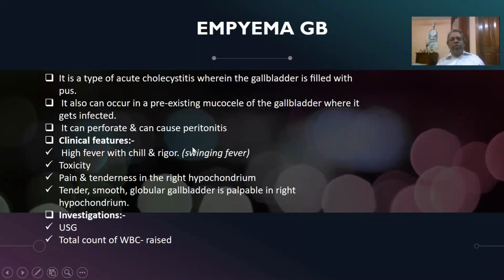The diagnosis is made when the patient has high fever, chill and rigor, toxicity, pain, tenderness, etc. On investigation, ultrasonography can easily diagnose thick sludge inside the gallbladder, the wall is thick and edematous, and the total count is raised.